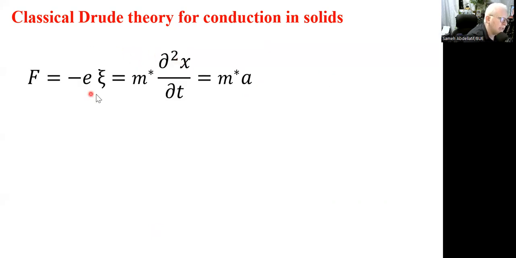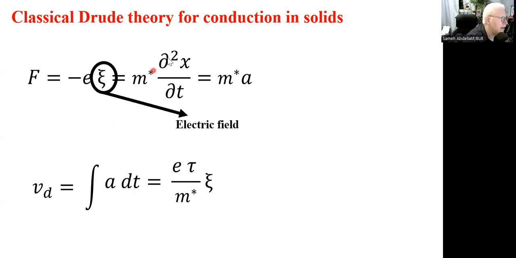However, in this case, the input is an electrical field intensity, or in other words, the input is a battery, a source of potential. So when we calculate the velocity, which is the first derivative of the displacement, by simply putting this factor in the denominator and integrating both sides with respect to time, you have that Vd equals e times τ, which is a time constant produced as an output of the integration, over m effective times η.